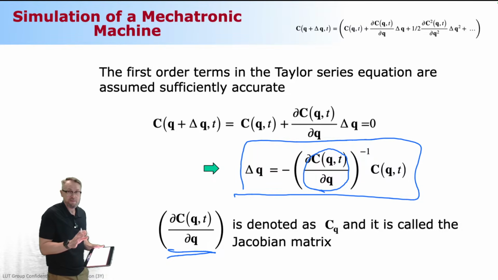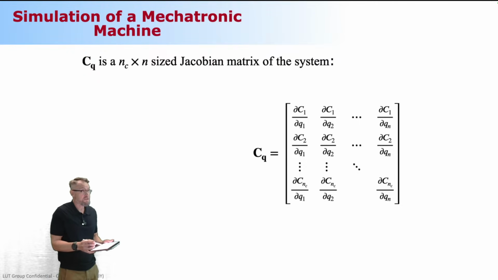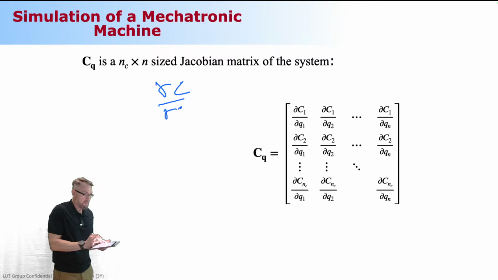All good. Okay. Jacobian matrix, how is this constructed? It is just a partial differentiation of each of the components with respect to each of the components. What are the components? Vector Q. So it is a square-shaped matrix in the case of kinematic analysis.